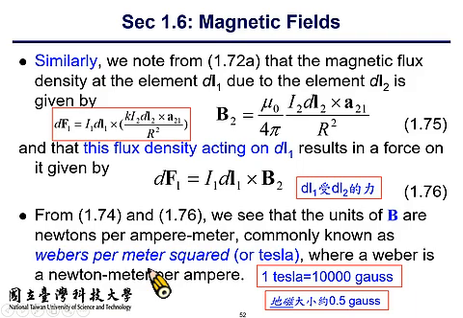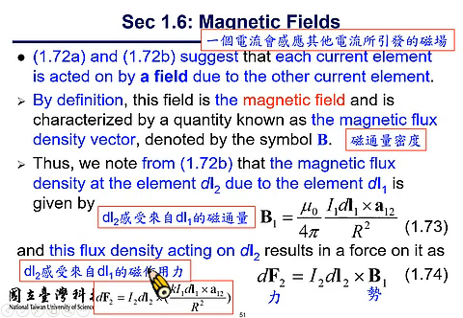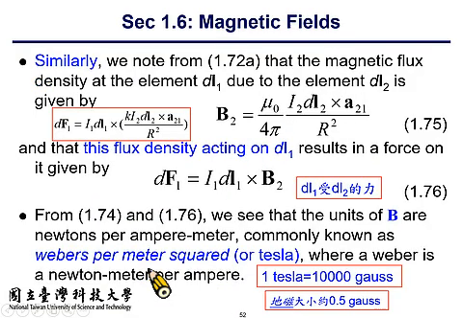Equation 1.73 is the expression for B1, which is due to the presence of I1DO1. And of course, you can write the expression for B2, the magnetic flux due to I2DO2, in a very similar fashion. DF1 can be expressed as the cross product of I1DO1 cross B2. That will be the force experienced by DO1 due to the presence of I2DO2.